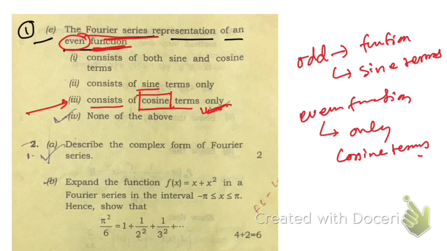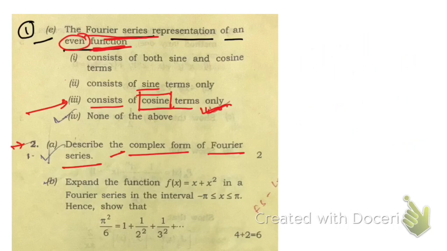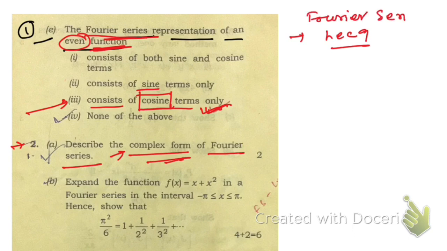Now question number 2a, describe the complex form of Fourier series. For the description of the complex form of Fourier series, you can watch my lecture number 9 of Fourier series. I have given the link in the description box.